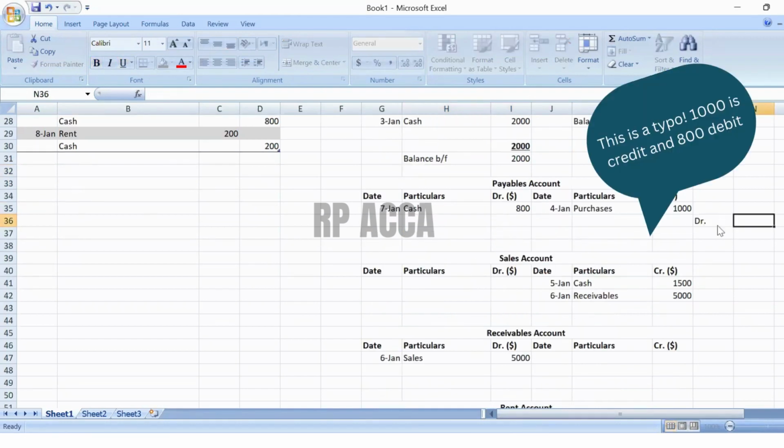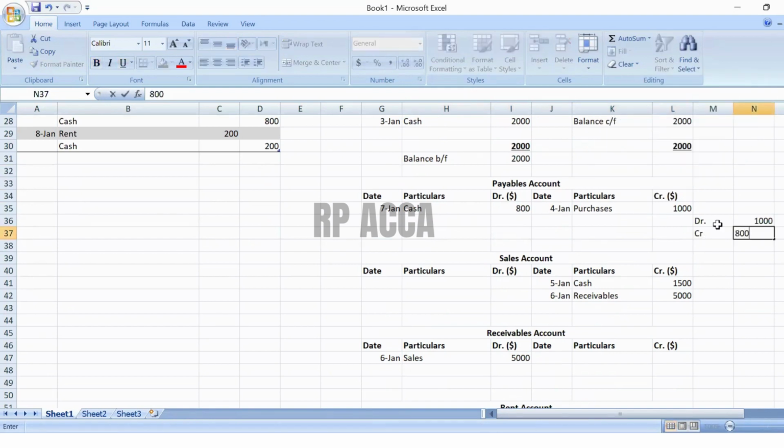Payables has $1,000 on credit side, and out of which we paid $800. So balance is $200. Let's go forward and do it for the rest of the accounts.